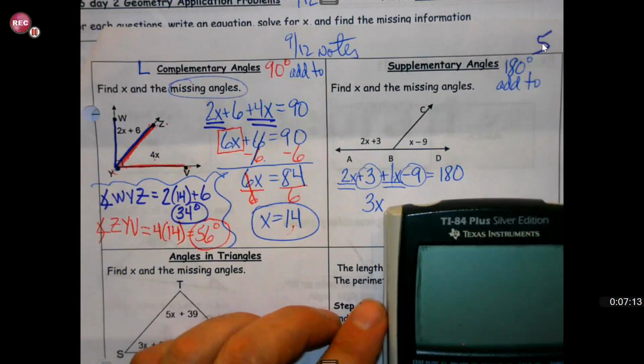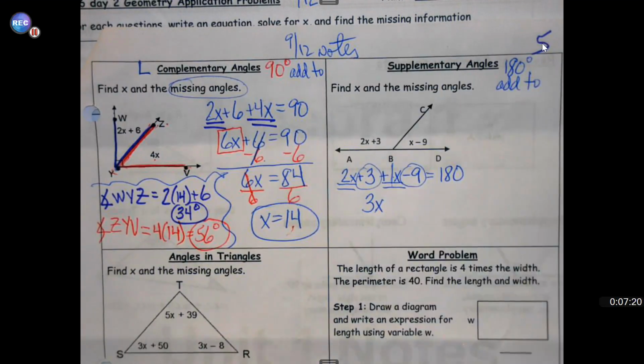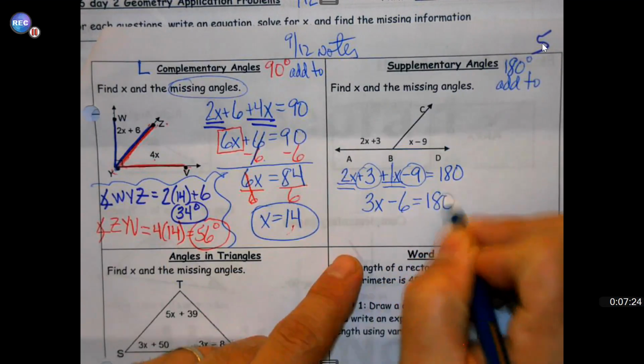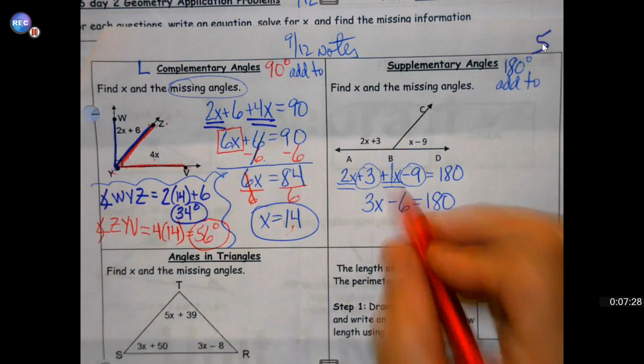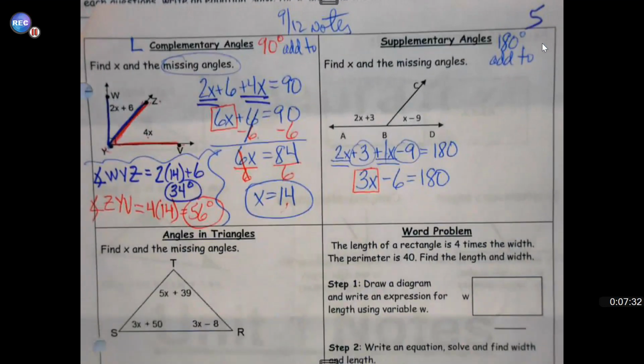No. 3 and negative 9 gets me negative 6. So signs do matter. How do I undo minus 6? That's plus 6.